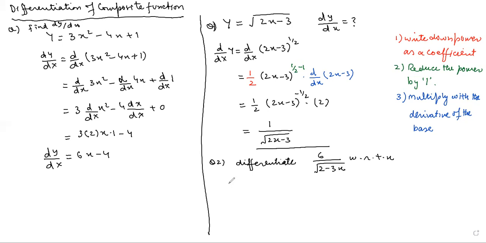First of all, we will name this function as y, and we will shift 2 minus 3x in the numerator, and the power will become minus 1 by 2. Now we will apply d over dx on both sides.